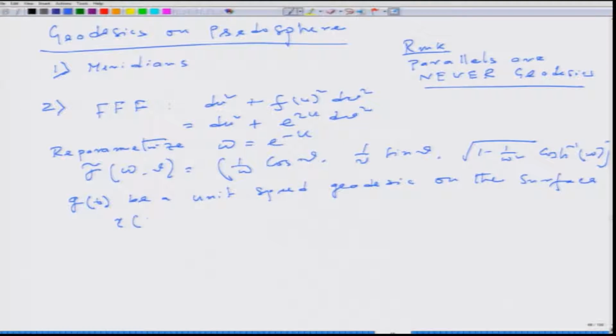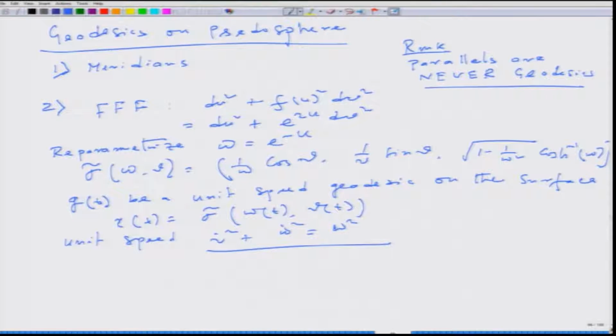Let us take gamma(t) to be sigma tilde (w(t), v(t)). Unit speed will give us v dot square plus w dot square equal to w square. How do I get it?